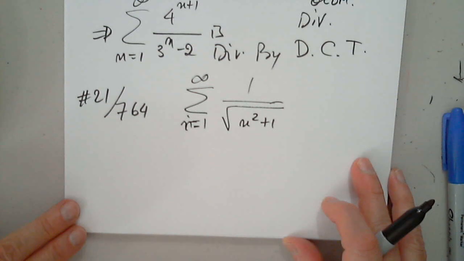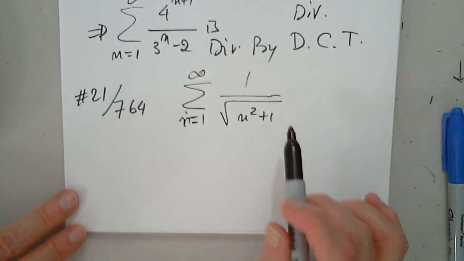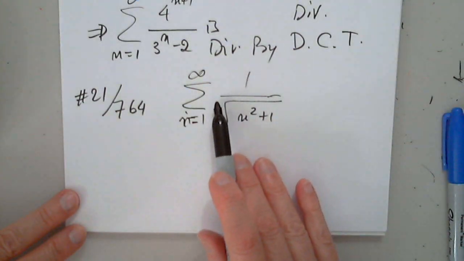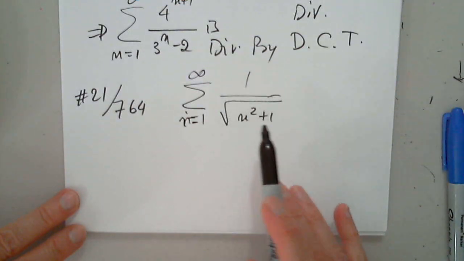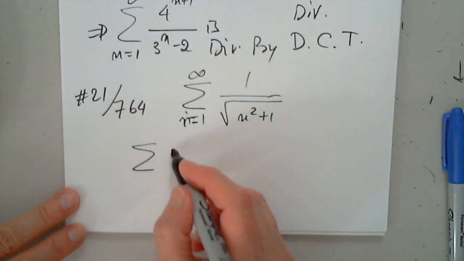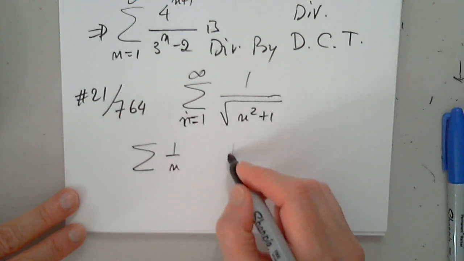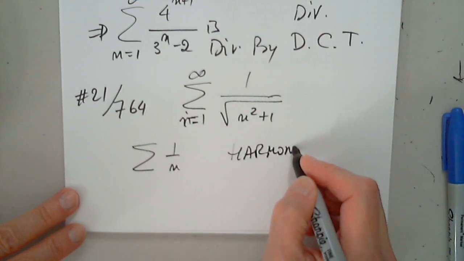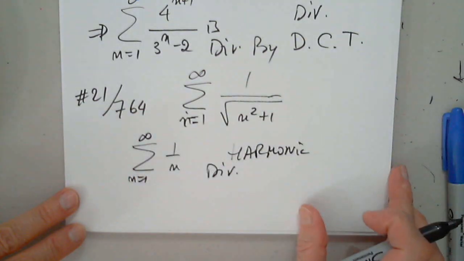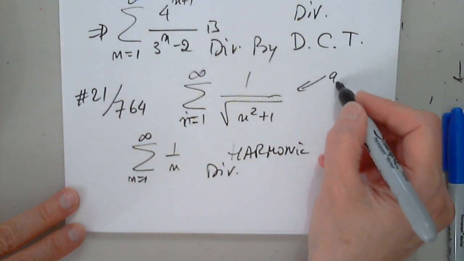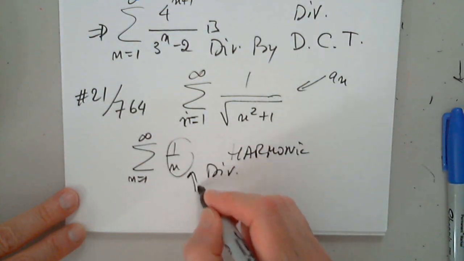Good. So in this particular case, looking at this series, this generic term a sub n, and remembering that we talked about this as being harmonic and divergent. So this is our a sub n, and this is our b sub n.